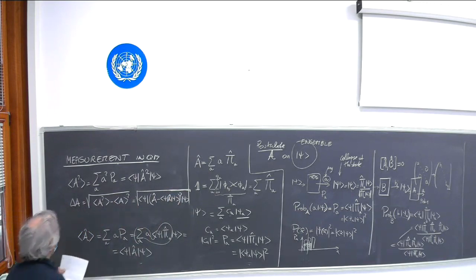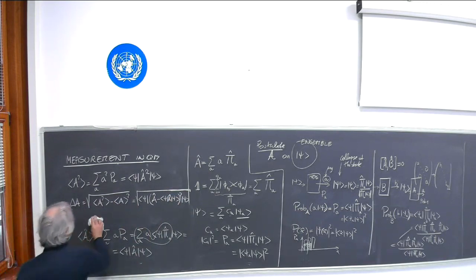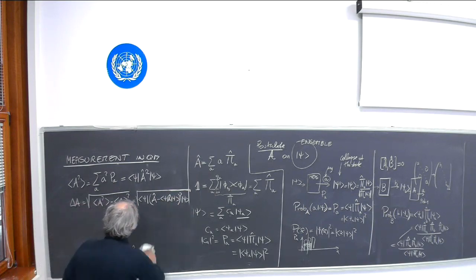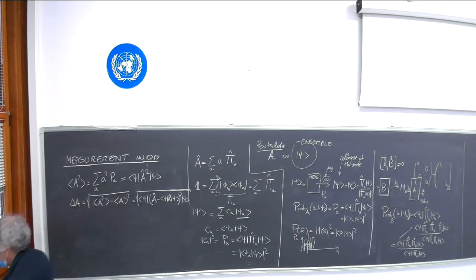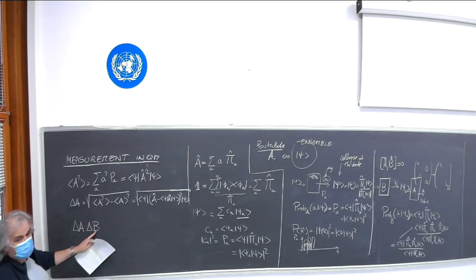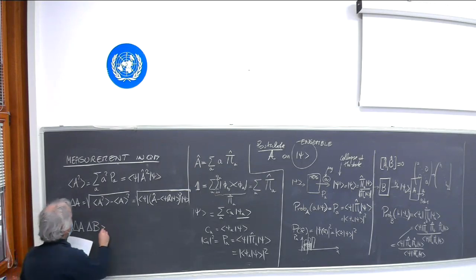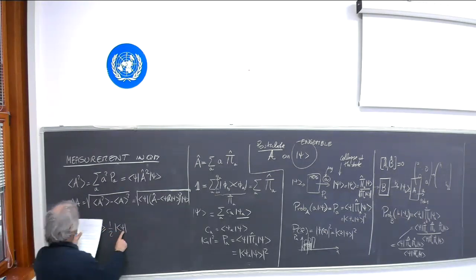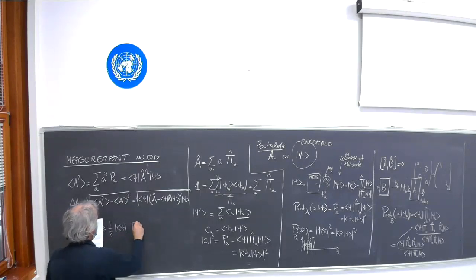Now, there is a generalization of the Heisenberg principle that you can prove, okay, which is given here as an exercise. You should try to show that the uncertainty in the measurement of A times the uncertainty in the measurement of some other observable B is greater or equal to 1/2 the modulus of the expectation of psi of the commutator of the two operators.